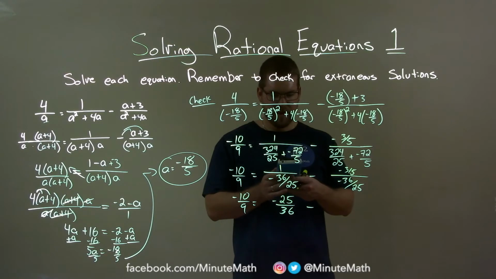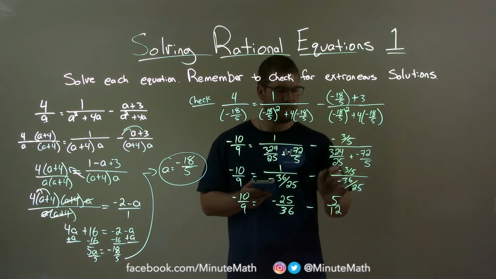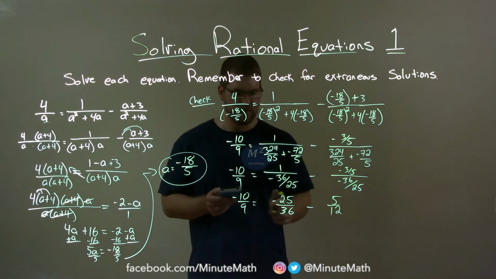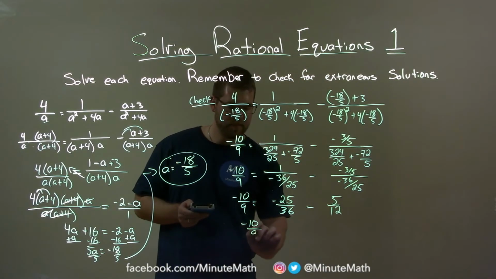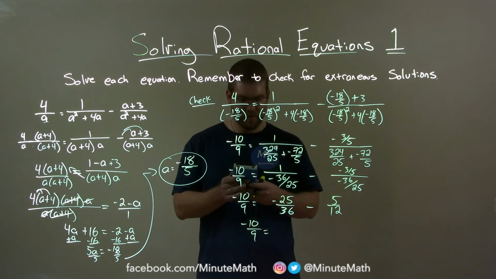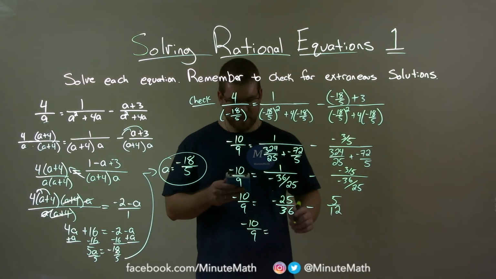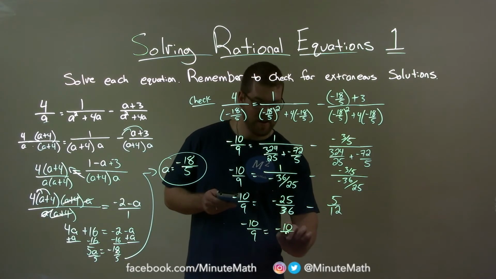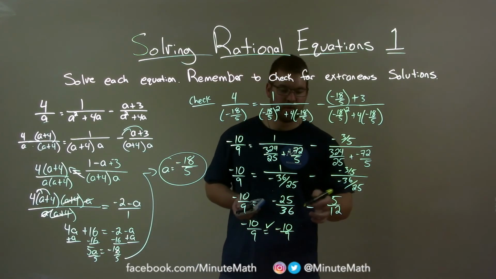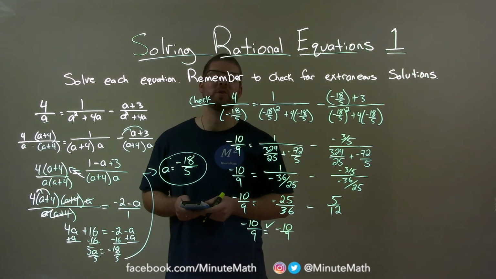And that as a fraction is 5/12. Remember the negatives here cancel, so we just have a minus. So let's keep going. Negative 10 over 9 here equals negative 25 divided by 36 minus 5 divided by 12. I almost put 2 there, that would throw off my answer here. And as a fraction, we got negative 10 over 9. Left and right hand side were equal, meaning our final answer is just a equals negative 18 over 5.